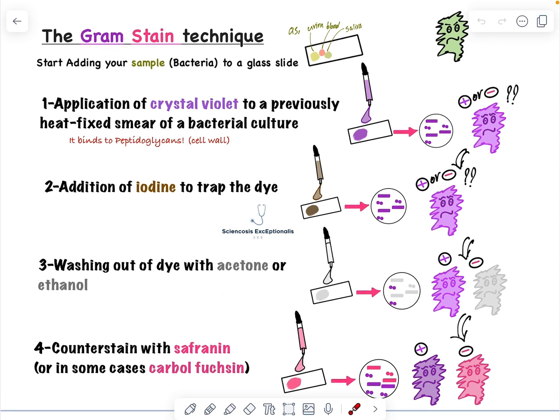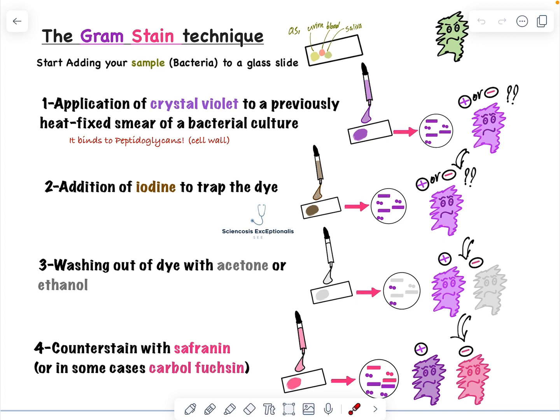And these few seconds are needed to dissolve the complex in gram negative because they have much thinner peptidoglycans, whereas gram positive bacteria have a much thicker peptidoglycan cell wall, so they need more than a few seconds, maybe minutes, to dissolve the complex completely and to appear colorless like the gram negative.